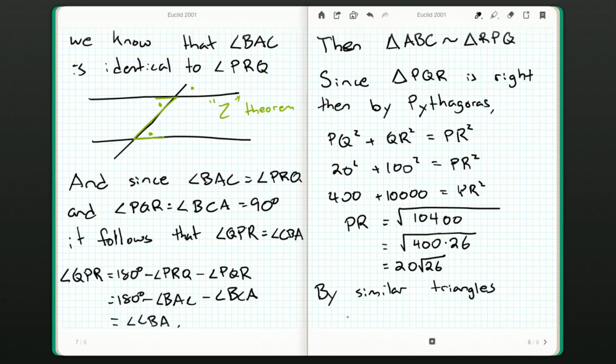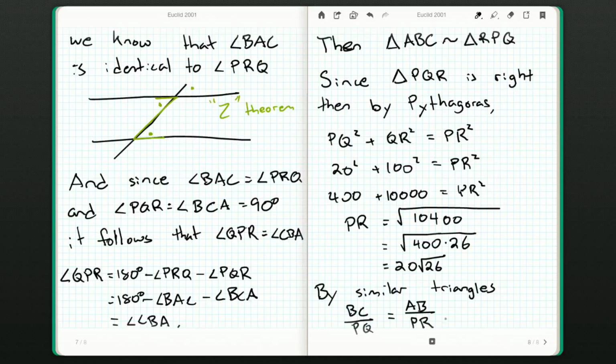Since they're similar triangles, we know that the ratio of BC, that's the one we want, over PQ, that's the length it's proportional to, is the same as AB over the length it's proportional to, which is PR. Okay?